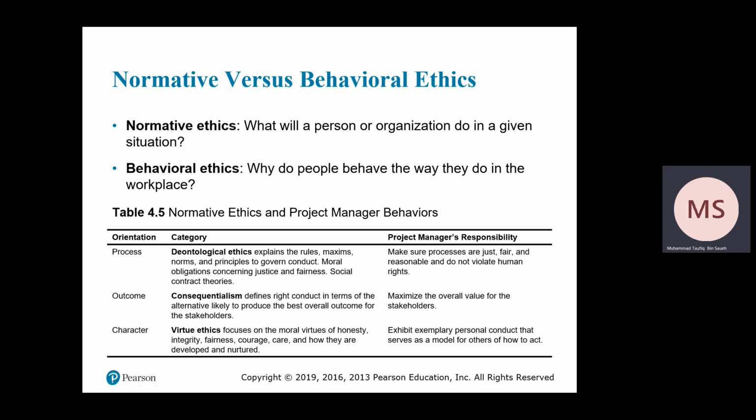First is normative ethics. Another one is behavioral ethics. So what is normative ethics? Normative ethics is what a person or organization will do in a given situation. So normative ethics is an ethical value that you apply according to the situation.